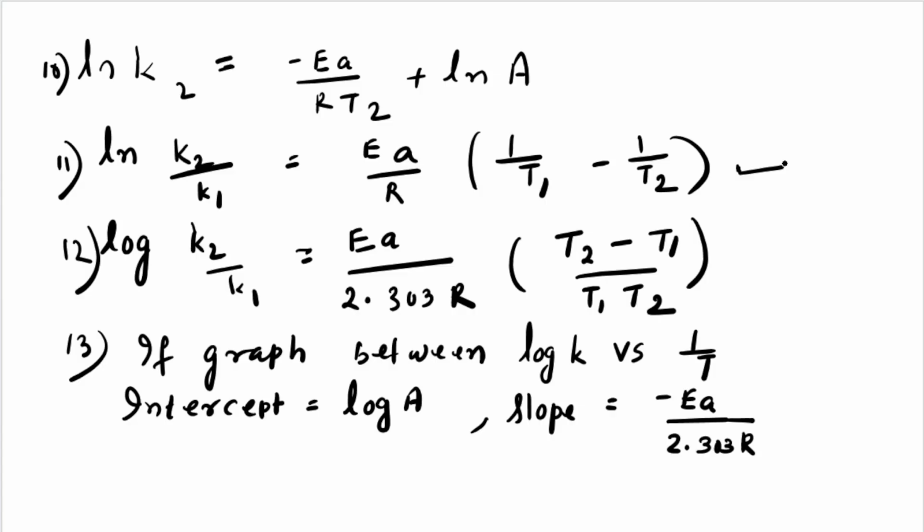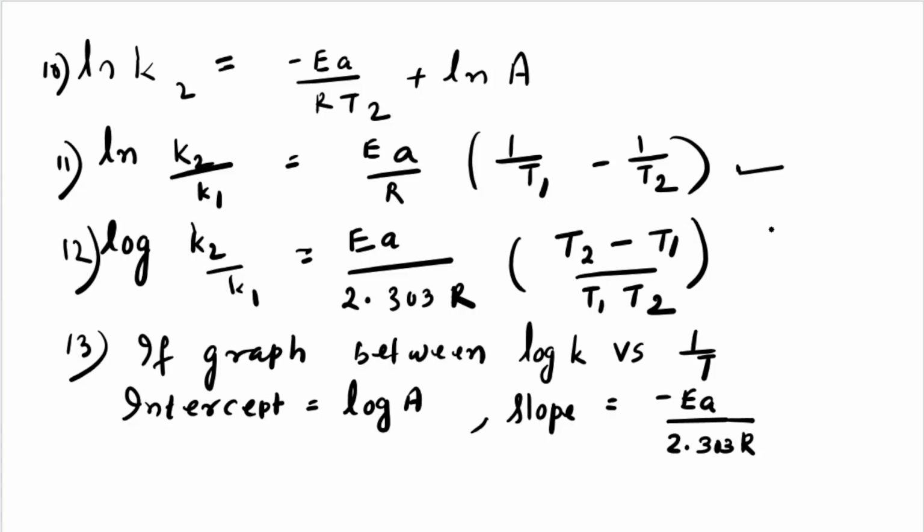Then if you want to simplify again, instead of ln you want to put log. Putting log means 2.303 goes to the right side, because converting ln to log, so 2.303 multiplied by R. What is log K2 by K1?